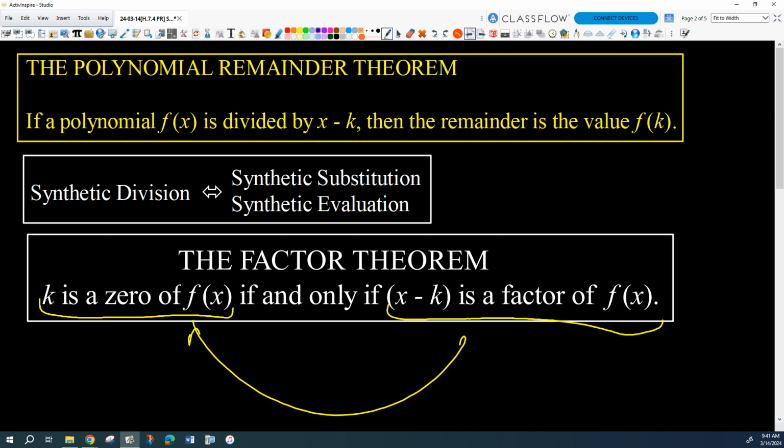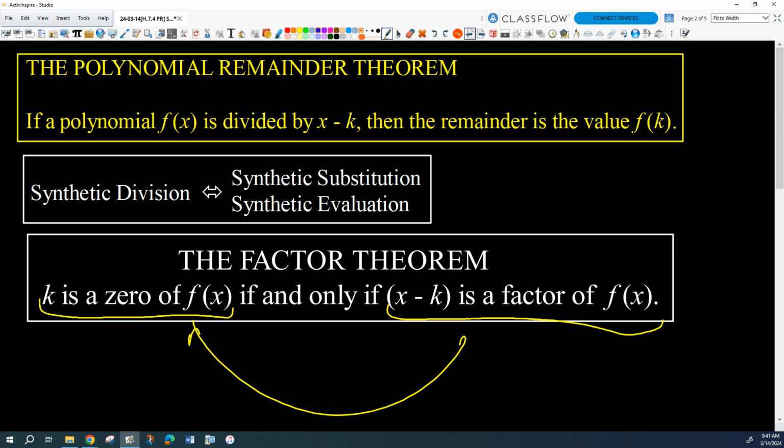I mean, kind of. What about this factor theorem? Just k minus 2 is 0. Yeah, 2 is a 0 of the equation.